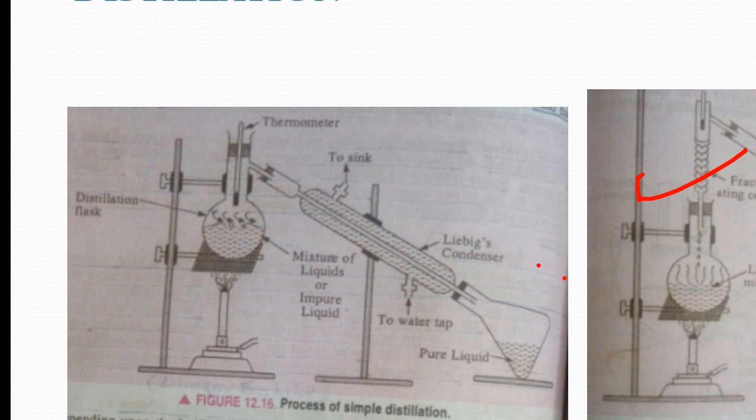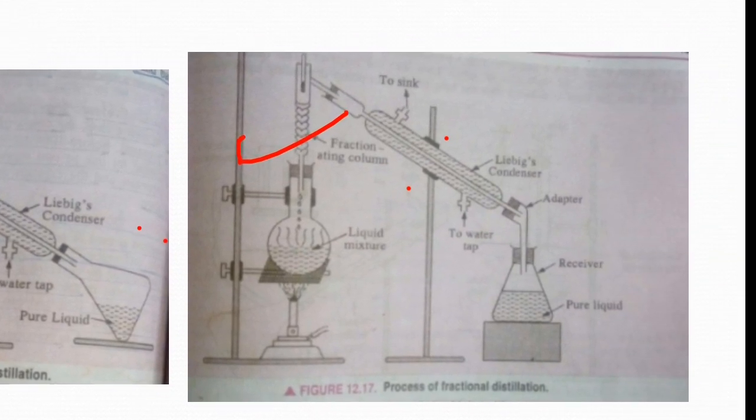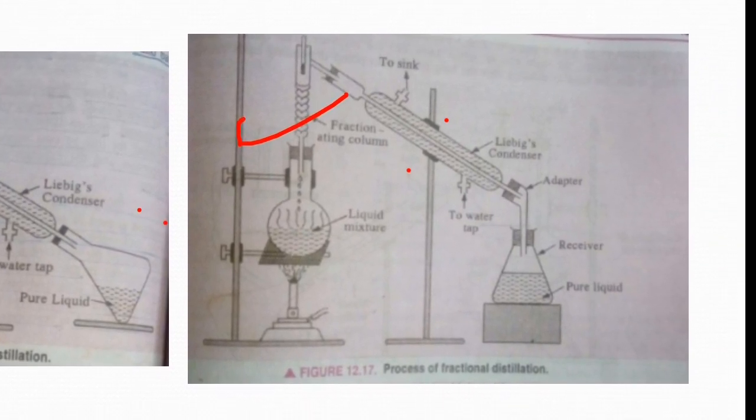It works when the temperature difference between the two liquids A and B is greater than 25 Kelvin. But what will happen if the temperature difference between two liquids is less than 25? Both will start to evaporate one after another.